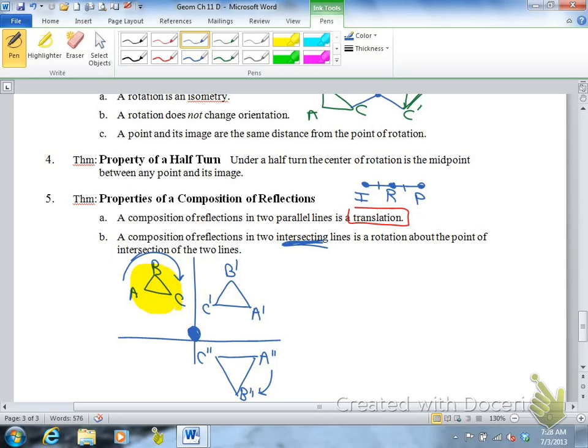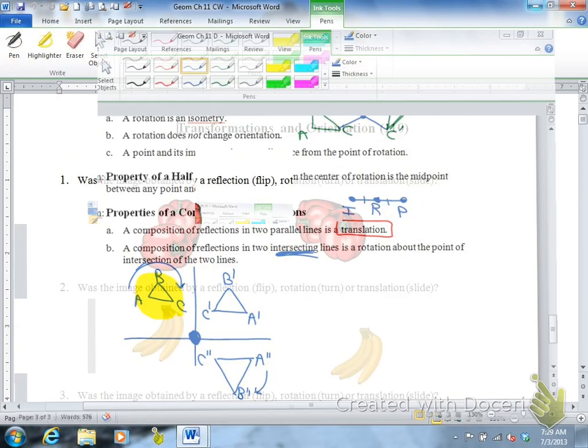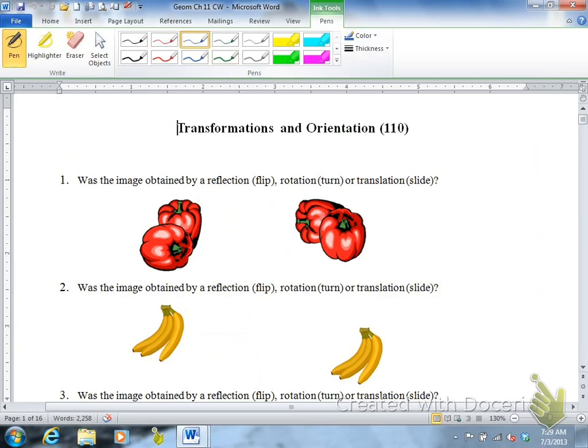I should have drawn my line a little higher. The point of rotation is right there. So composition of reflections in two intersecting lines is a rotation about the point of intersection of the two lines. Okay, that was quite a few definitions and theorems. So let's actually look at these examples.